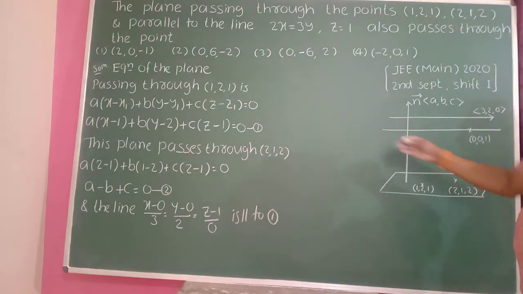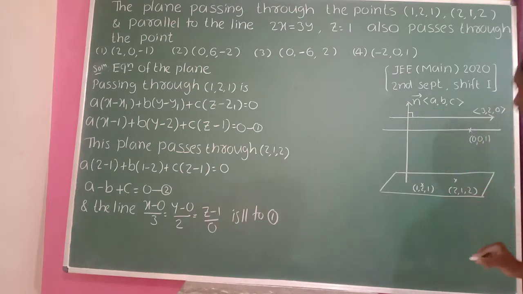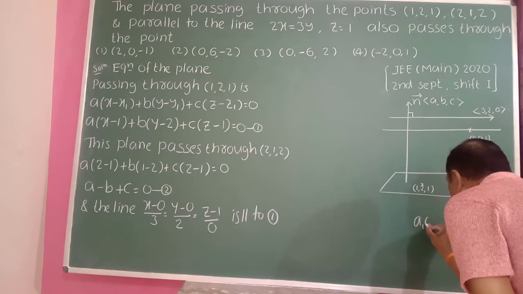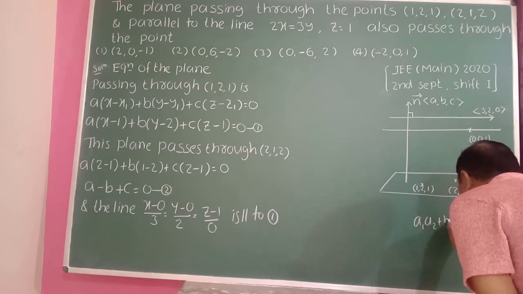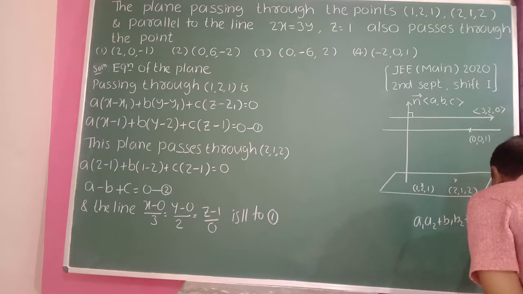The equation of the plane is this here. This plane and the line are both parallel. If these two are parallel, then this vector and the normal are perpendicular. Two vectors are perpendicular if and only if a1a2 plus b1b2 plus c1c2 is equal to 0.